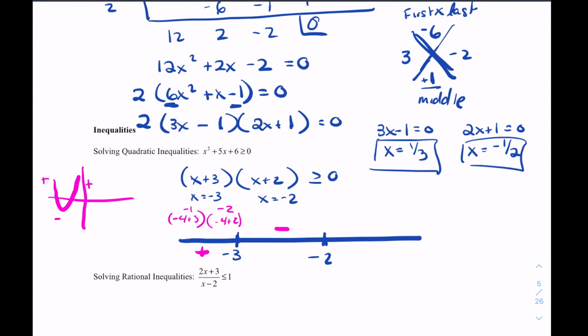Now, we can check with numbers in between -3 and -2. So -2.5, we would have a positive and a negative. And then numbers to the right of -2, we could plug in 0. That's an easy number, and we get positive. In all of this, we are looking for the solution of where it's positive. So we have our inequality, it's greater than or equal to.